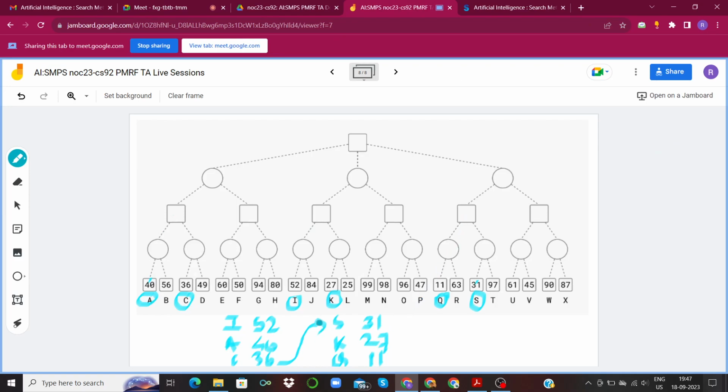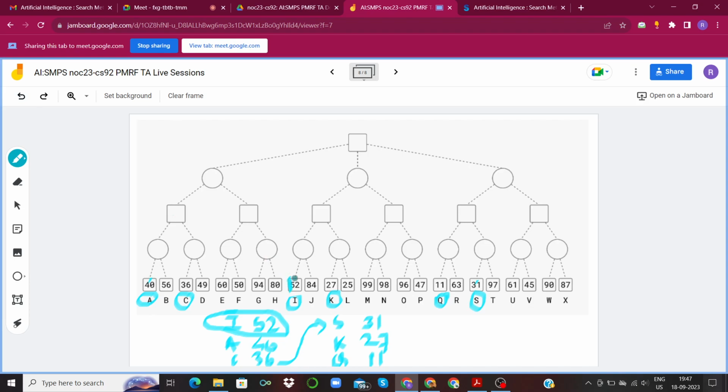Given this is the priority queue structure, we will take this I node into consideration. This has already been assigned a solved status because it's now part of our initial cluster.